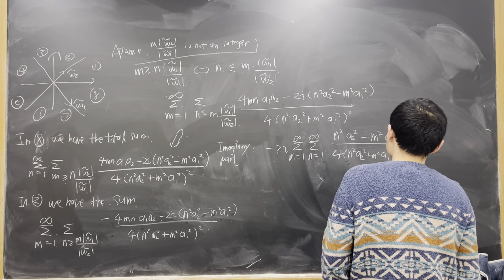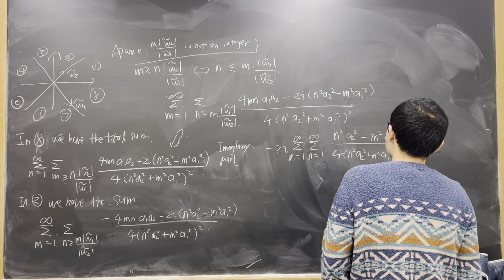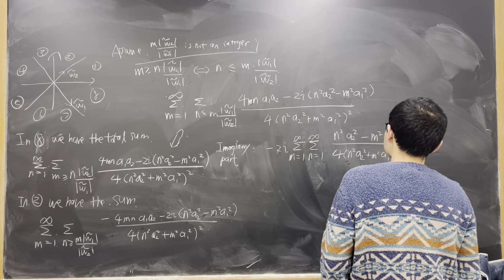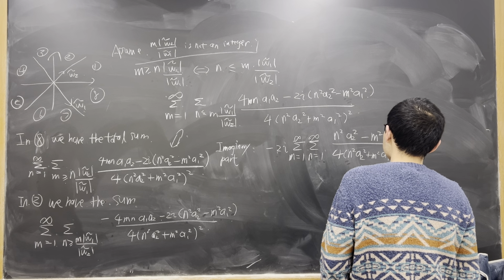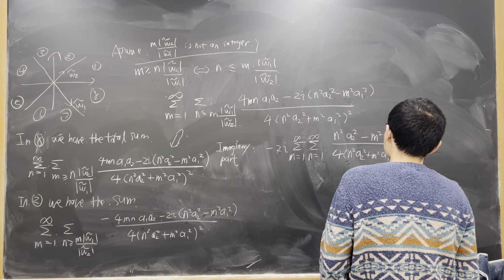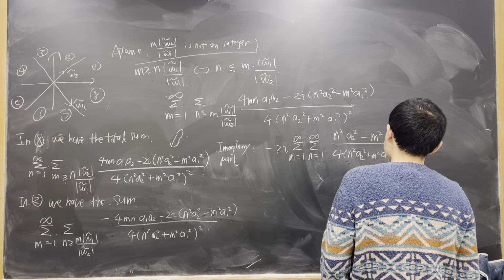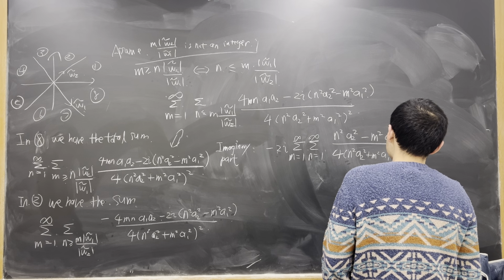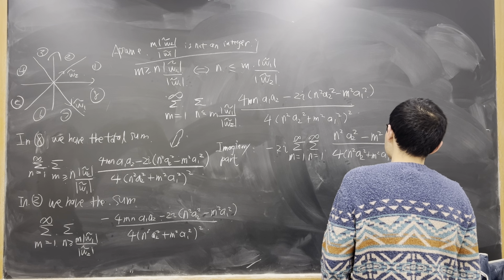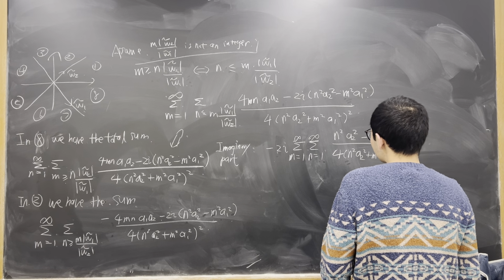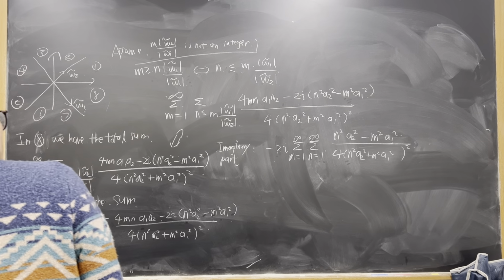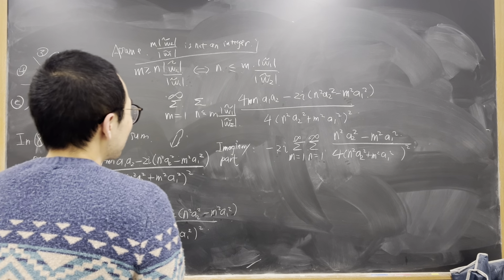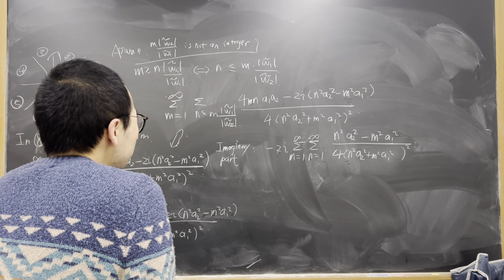Let me think. So this is a double series, a double sum. What happens for double sums here?